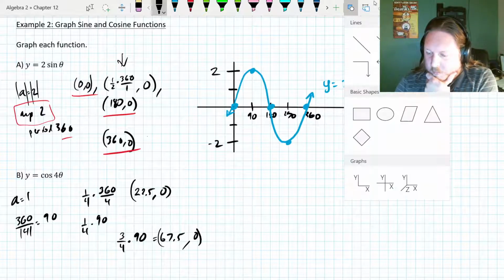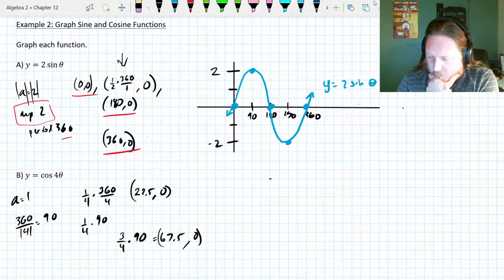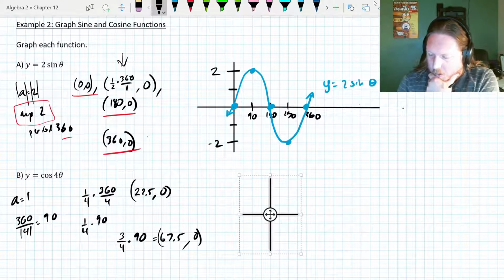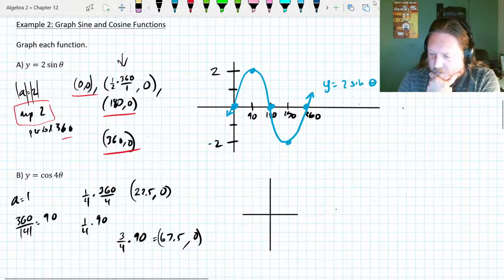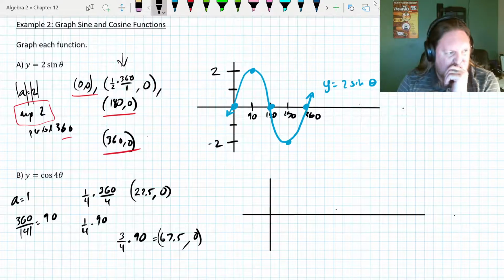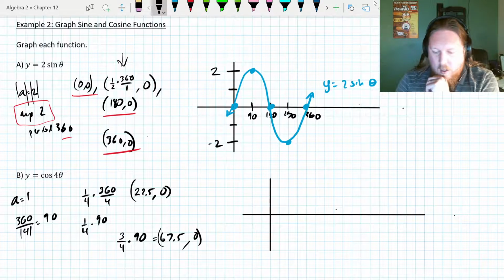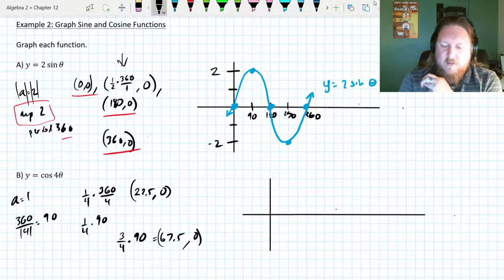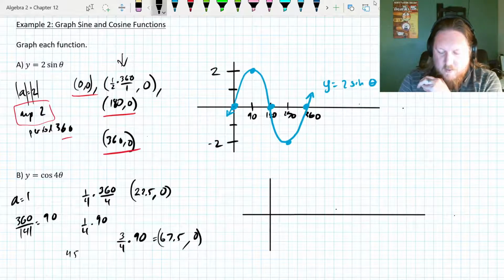When I do these, I expect sometimes that the periods are going to be odd. So now all I have to do is decide, when I was doing this in my head, I had 90, I divided it in half and got 45, and then divided it in half again, and I got 22.5.